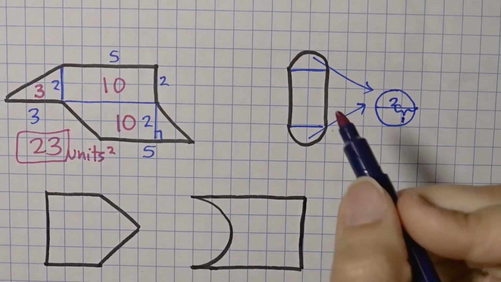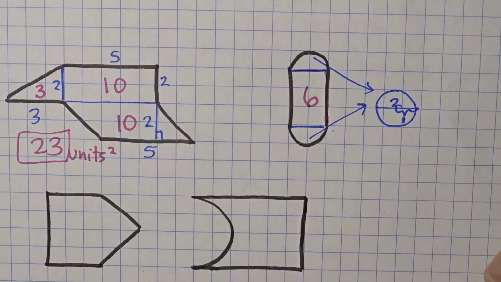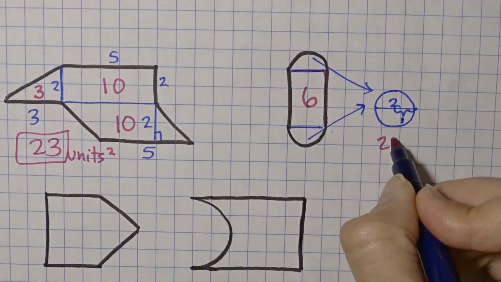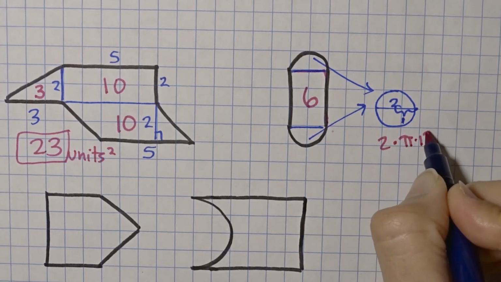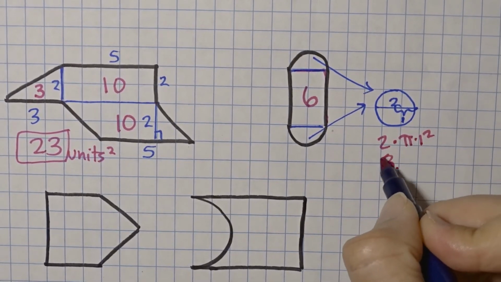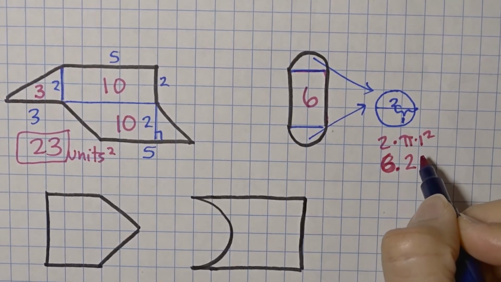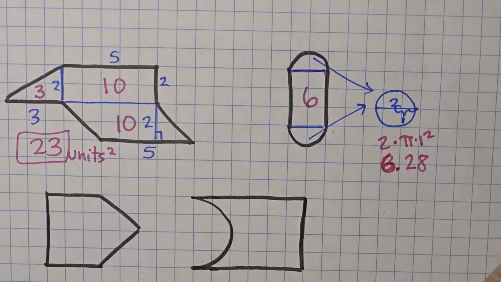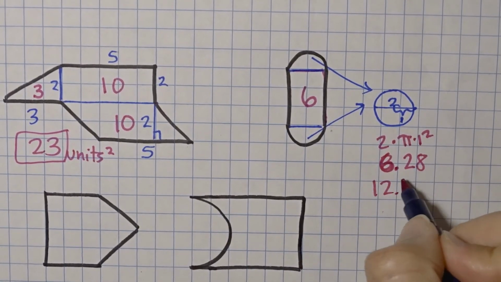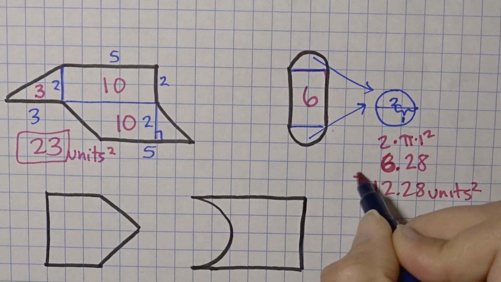So I would have a 2 by 3, that would be 6 units in there. And then the circle together would be 2 times pi times 1 squared. So it would be 6.28. So together that would be 12.28 units squared.